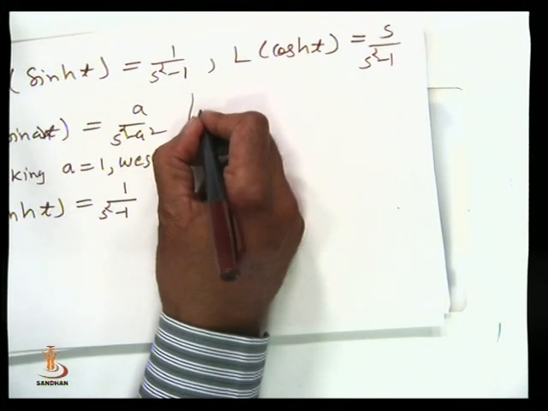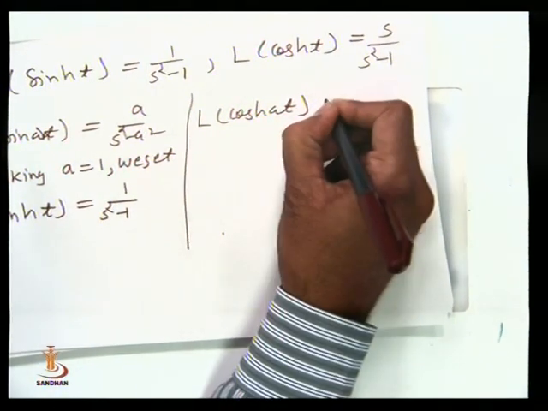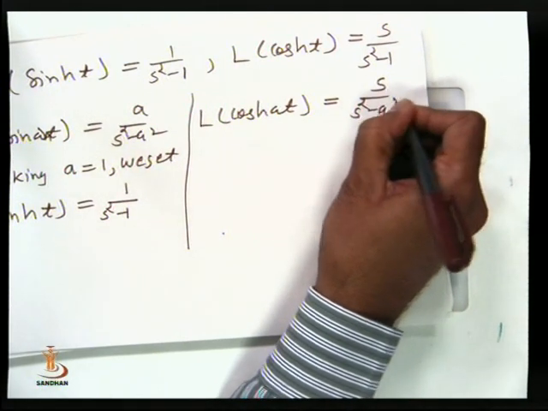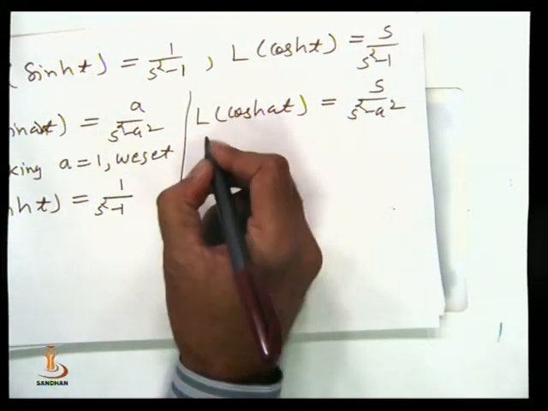Now second formula, Laplace of hyperbolic cos t equal to s upon s square minus 1. We derive from Laplace of hyperbolic cos at equal to s upon s square minus a square. In this formula we take a equal to 1.